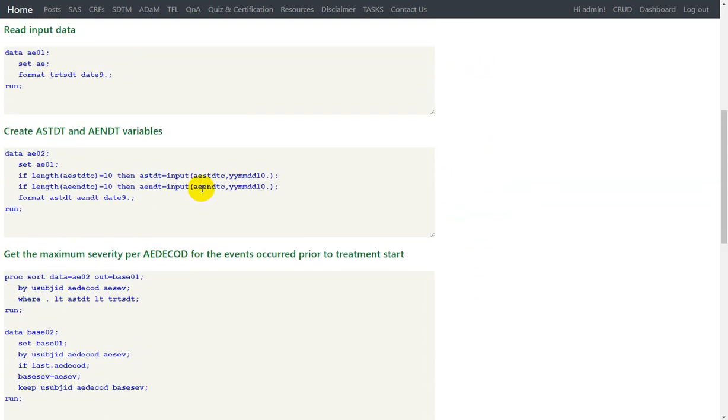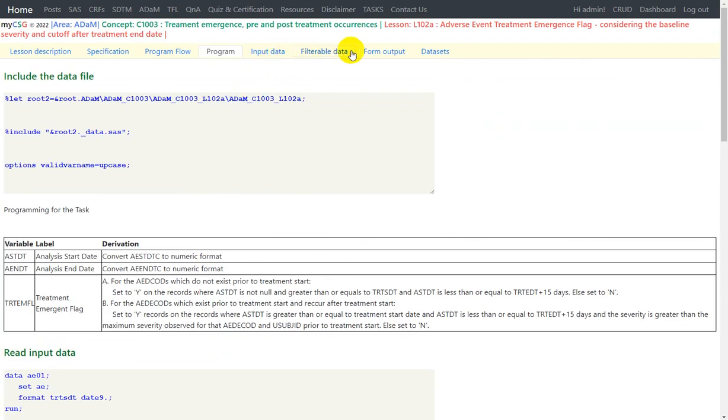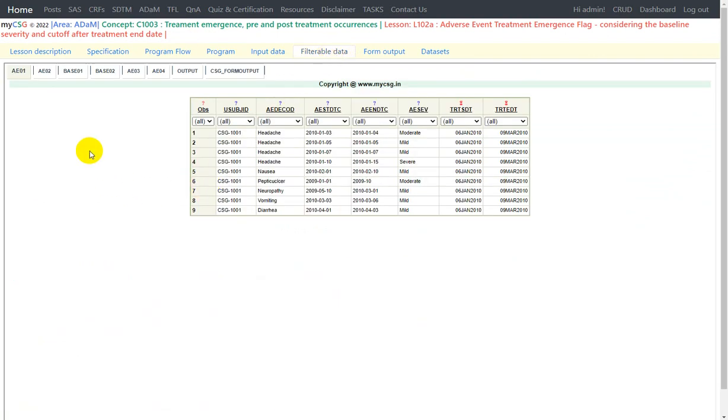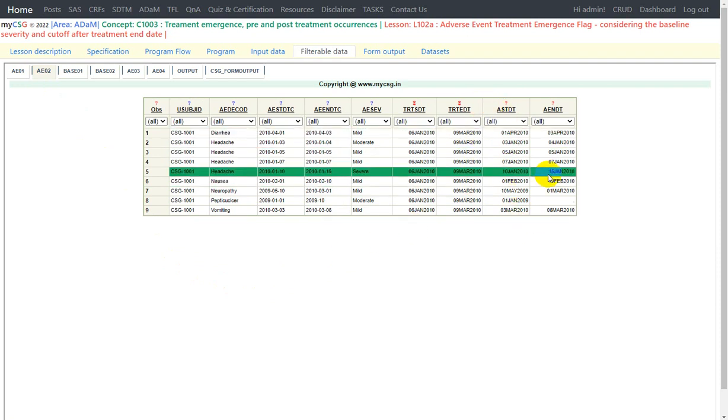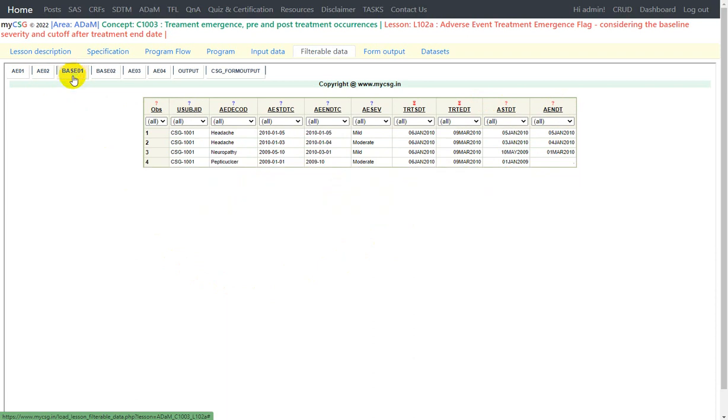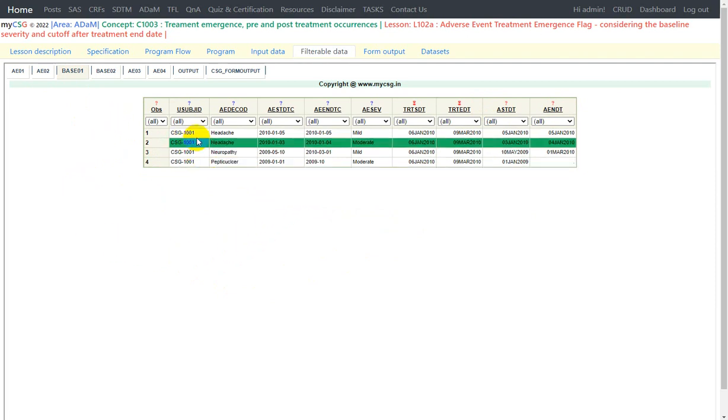So now let us take a look at the intermediate datasets that are getting created out of this processing. Here, using AE01 and AE02, we have ASTDT and AENDT being created. First, we have subsetted the events which occurred prior to treatment and then sorted them by subject, AE decode and AESEV, so mild and then moderate.